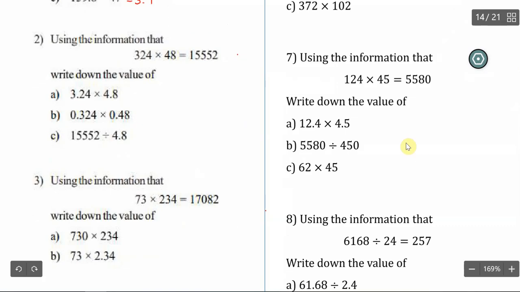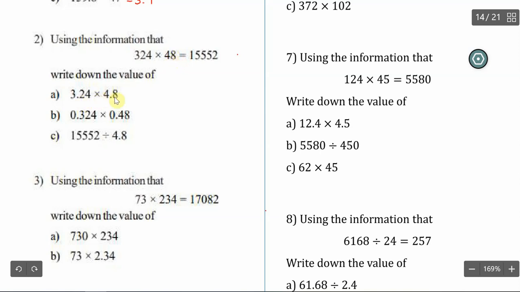Okay, on number 2, I'm going to use the other method I just spoke about, the decimal points moving, just in case you prefer that method. So if we look at the calculation, this number was originally 324, and then the decimal point, which would be at the end of the number, just not visible at the moment, has now been moved twice to the left to turn this number into 3.24. That would cause the decimal point in our answer to move twice to the left, but as well as that happening, the decimal point in the next number has also moved once to the left.